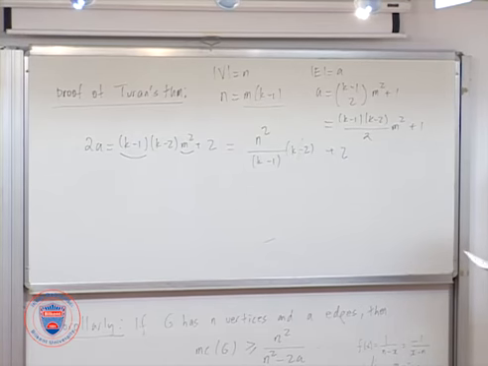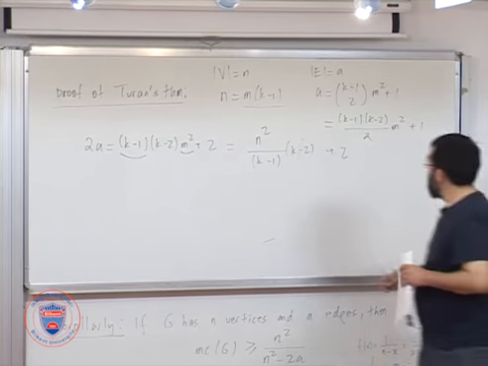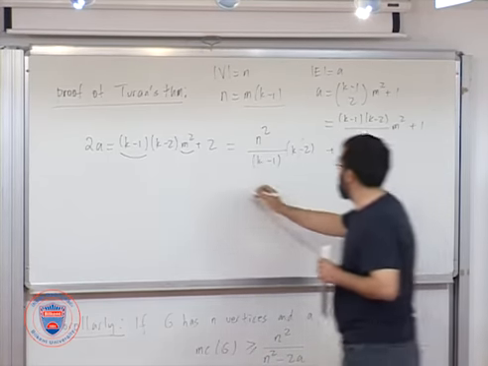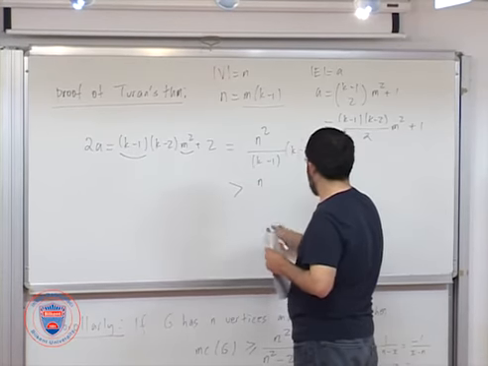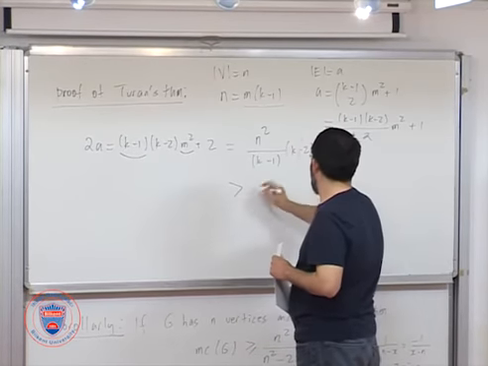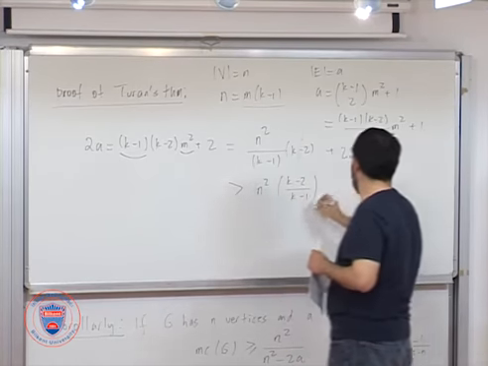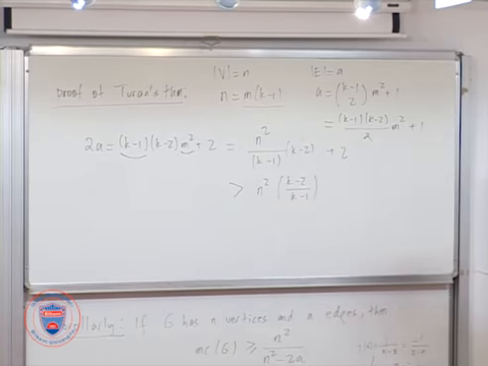I can write it this way. Okay, let me not make any mistakes. Now this is definitely bigger than n squared times k minus 2 divided by k minus 1, because it's an extra 2.